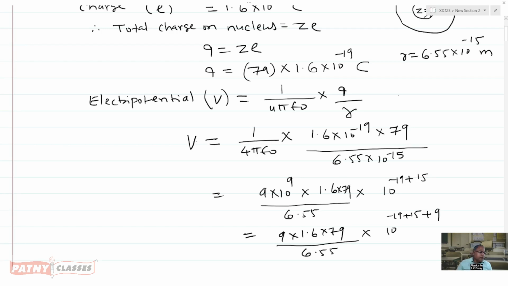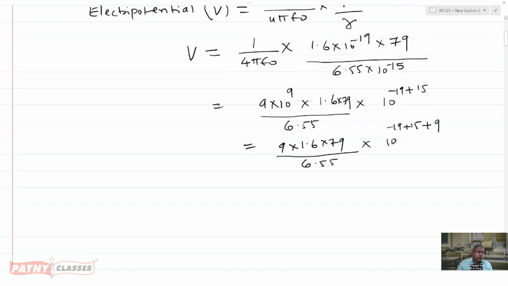After that, if you simplify this, you will get 1.7367 into 10 raised to 7 volt.